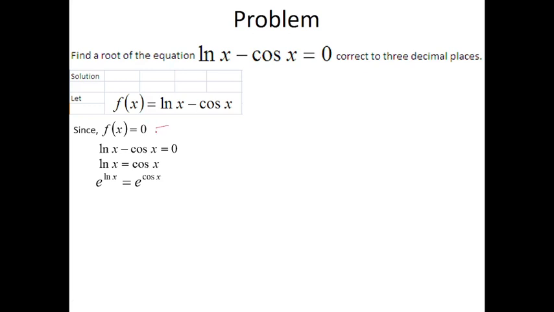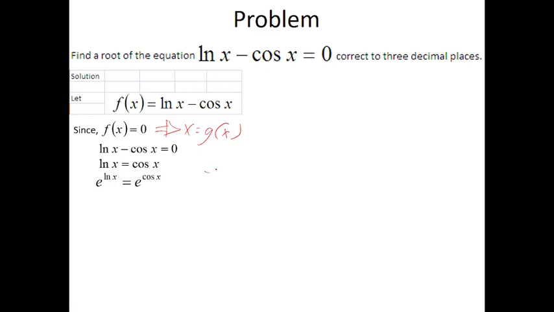No? So, igagawin natin siyang x equals g of x. To do that, alam natin ito ay ln x minus cosine x equals 0. So, i-transpose natin, then e natin to the power of ln x equals e to the power of cosine x. Okay? Given the same base, e.